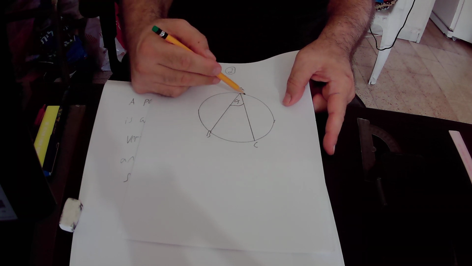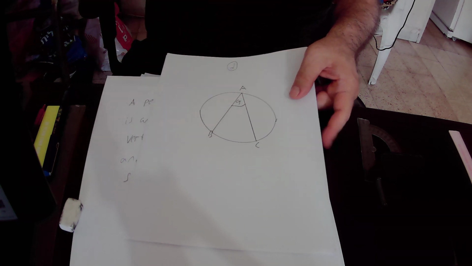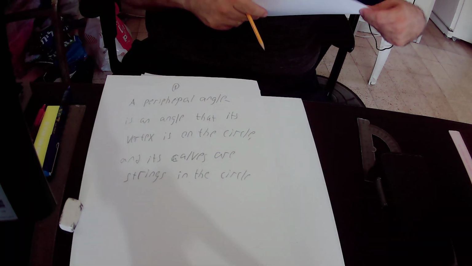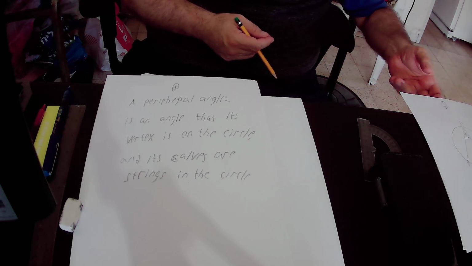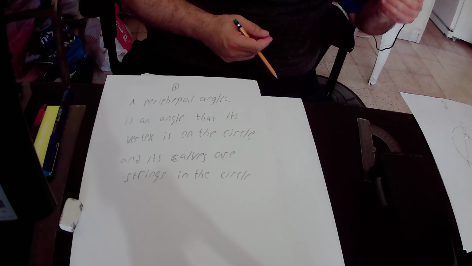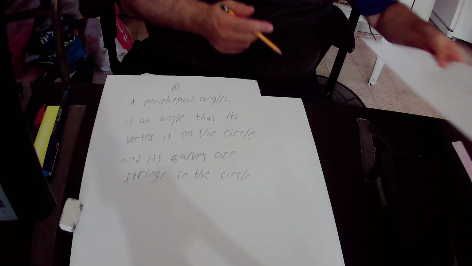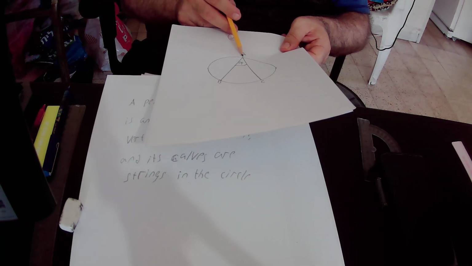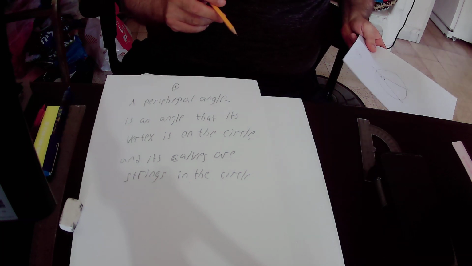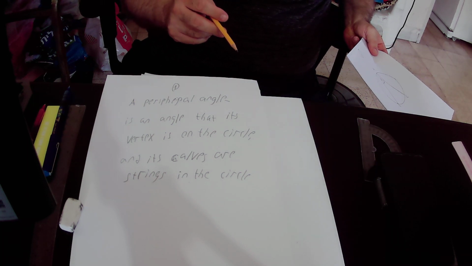So again, a peripheral angle is an angle whose vertex is on the circle. Vertex A is a point on the circle, and its curves are strings in the circle.